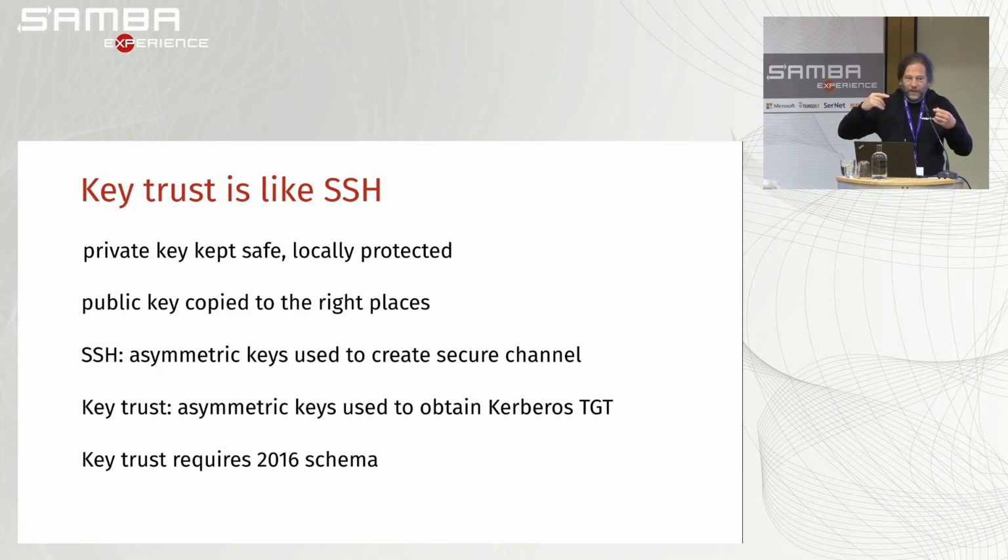And that's all there is. Nothing is signed; if you can write to that attribute, you can put it there, and you're fine. And rather than in SSH, where you log into the machine, in this one, you get a Kerberos ticket.